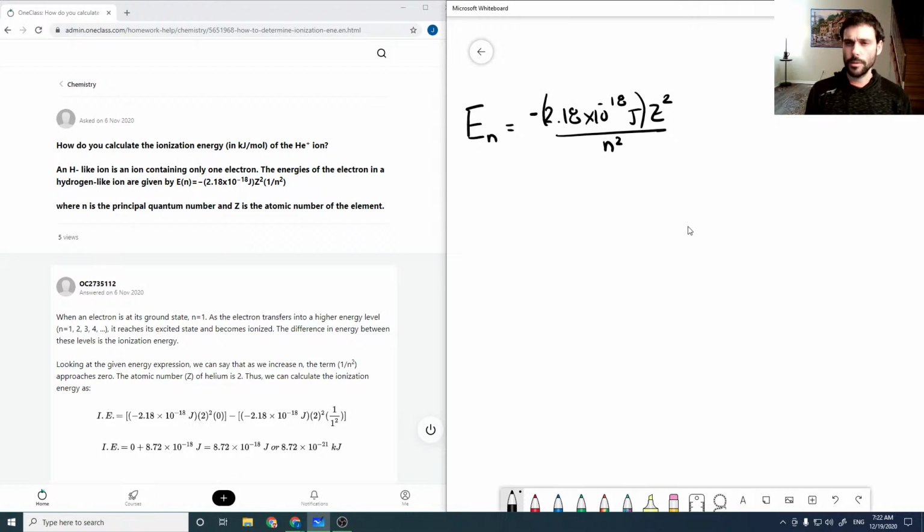So for helium, this would just be 2. So for helium plus, our energy levels are given by this equation.